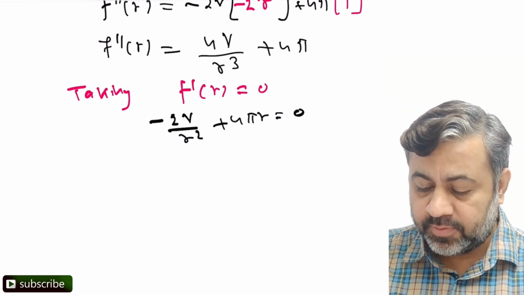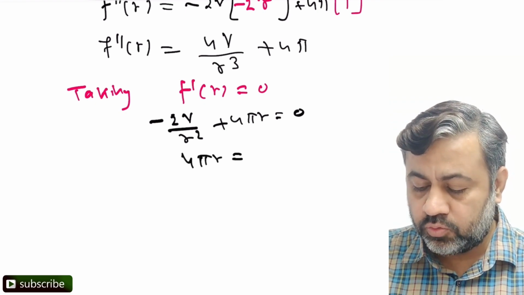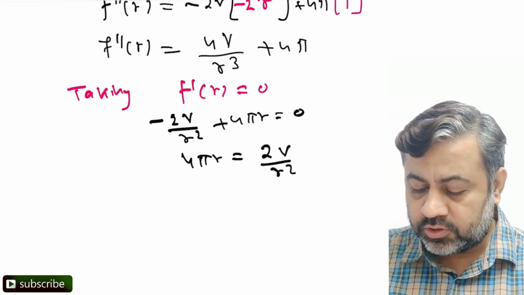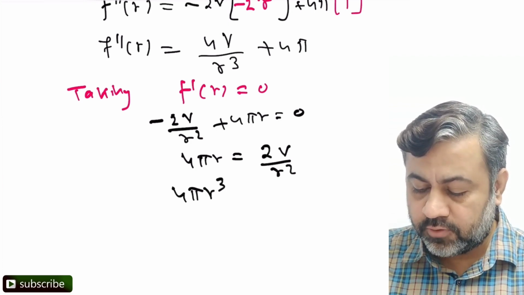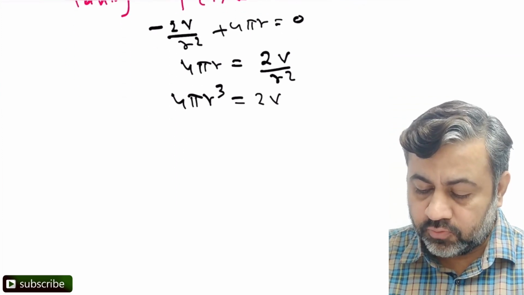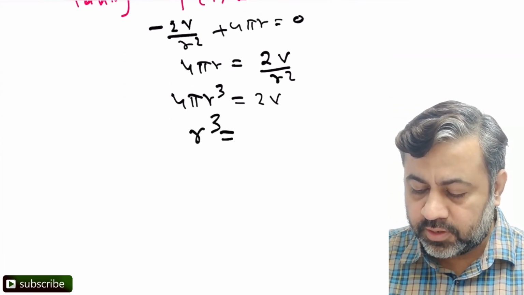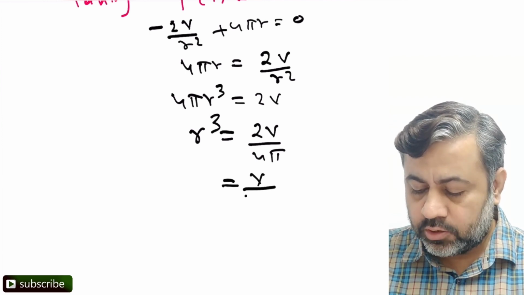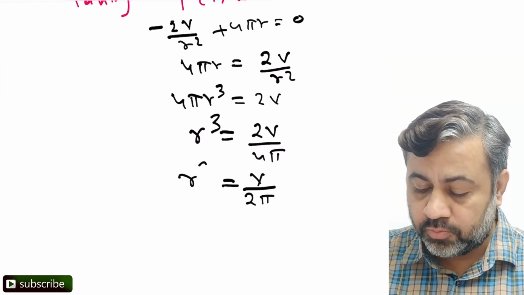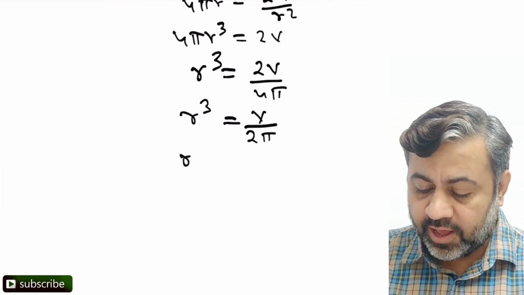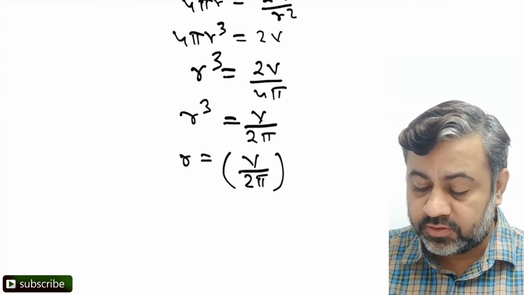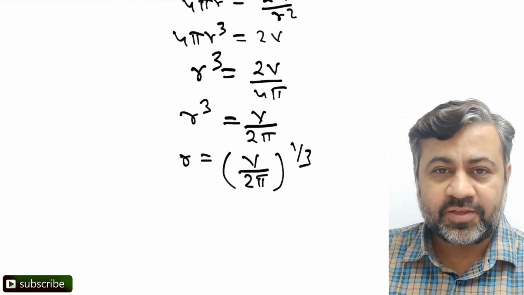So this gives me basically 4 pi r equal to 2v by r square. Let me simplify this. So this is 4 pi r cube equal to 2 times v. So what is r cube? r cube comes out to be 2v by 4 pi, that is nothing but v by 2 pi. This is the value of r cube. So what will be the value of r? r will be the cube root of v by 2 pi, so I am writing it to the power 1 by 3.